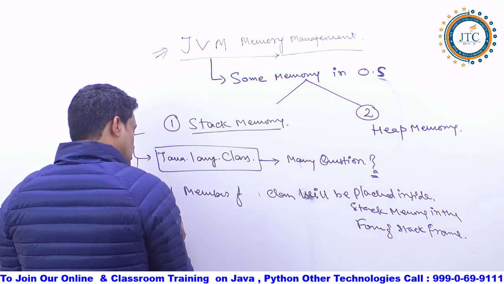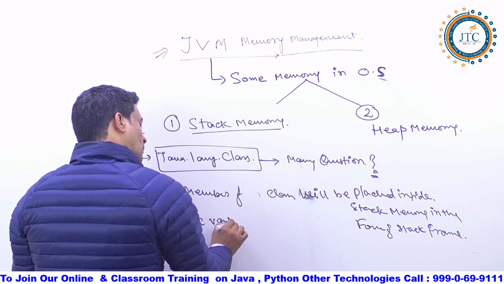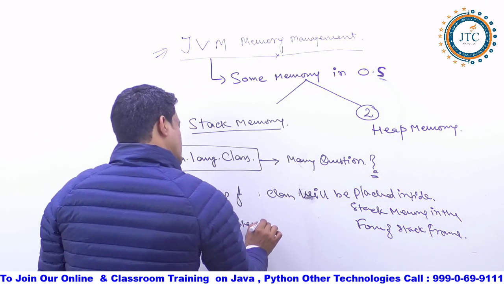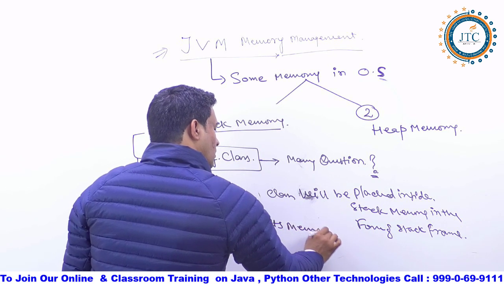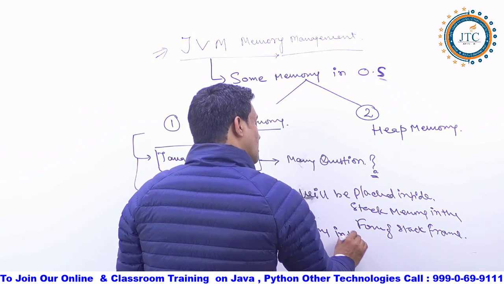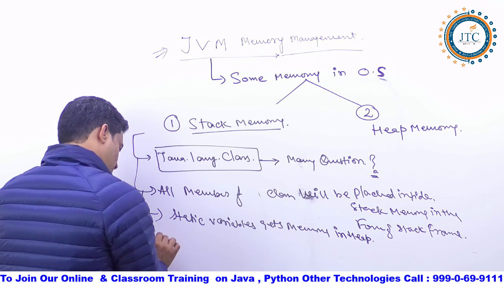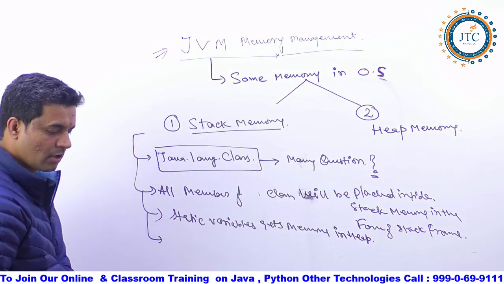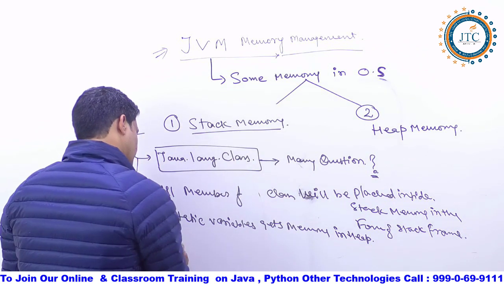Now static variables get memory, and where exactly are they going to get the memory? In heap. And the static block which is there is going to be processed.